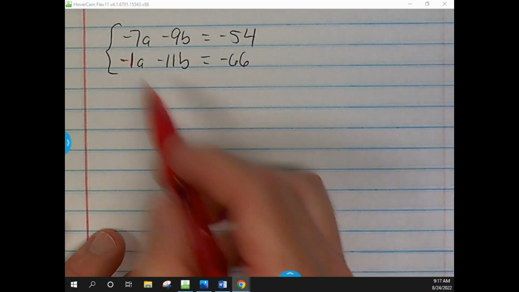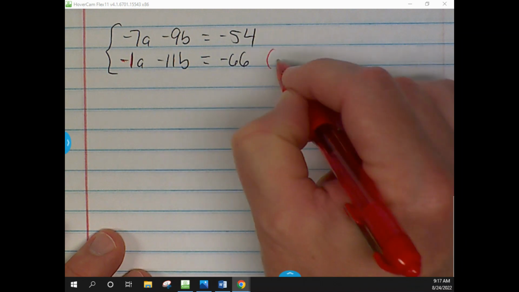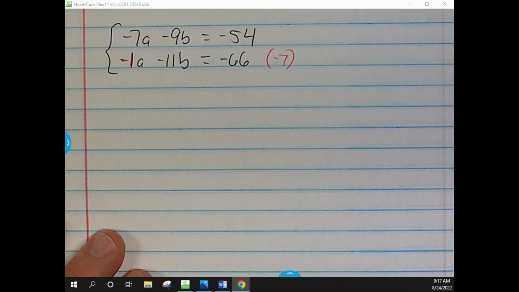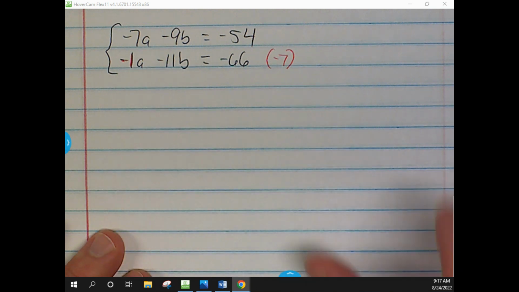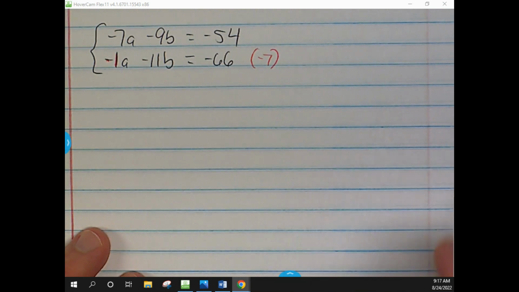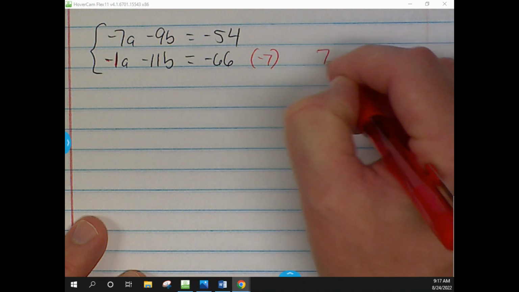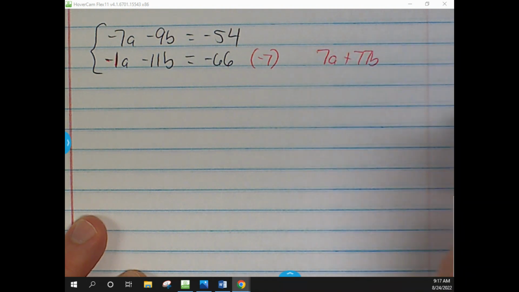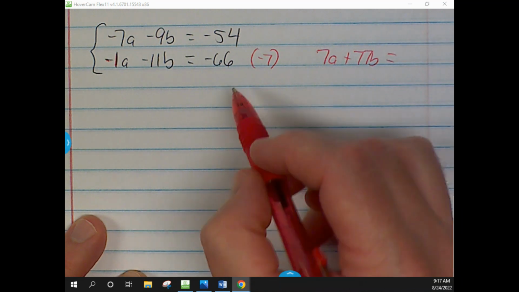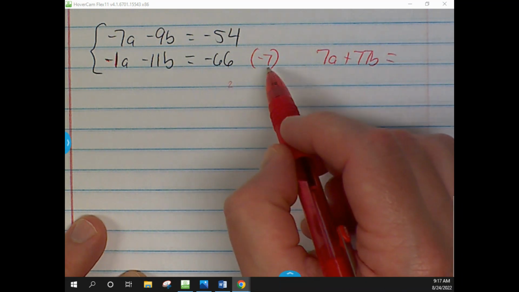So the a should be easier because in this case, we can just take this equation and multiply it by -7 because this is already -7. If we multiply this by -7, that'll make it a +7. All right, so if we do that, that's a 7a plus 77b equals, and I don't know what that is, 6 times 7 is 42. That's another 42.